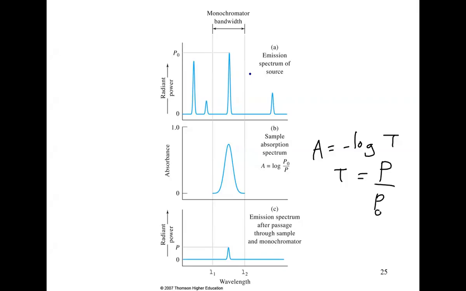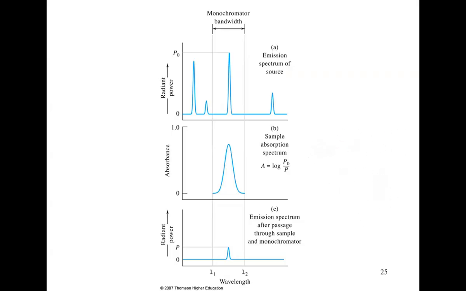So typically that's transmittance, and this is minus log T. If you flip it, then the negative doesn't have to be there, so A equals log P naught over P. Does that make sense? So that formula is correct there. I've just mentioned this because this common equation will come again.